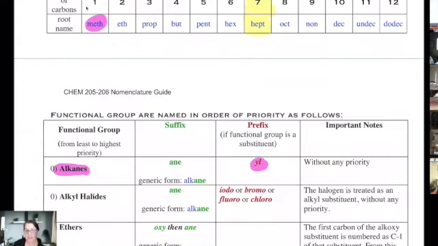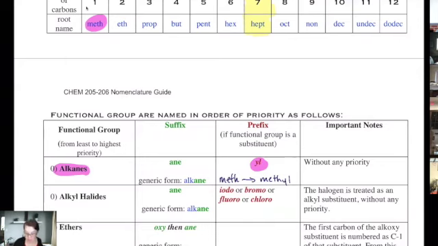Another way of saying that is, since this is a substituent and it's going to be part of our prefix, the meth becomes methyl. Okay, it is a methyl group attached to the heptane chain.